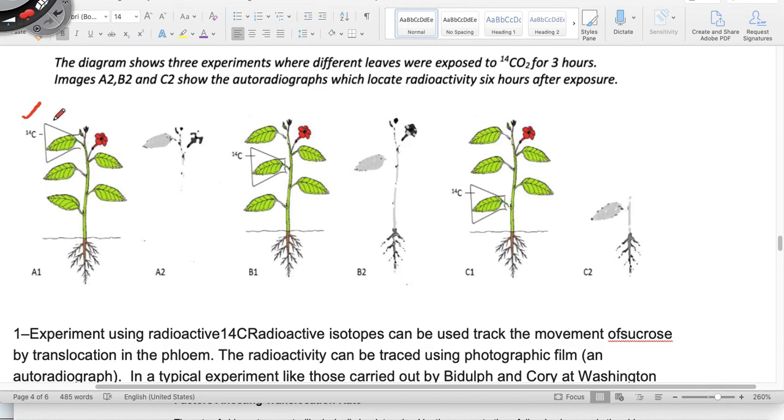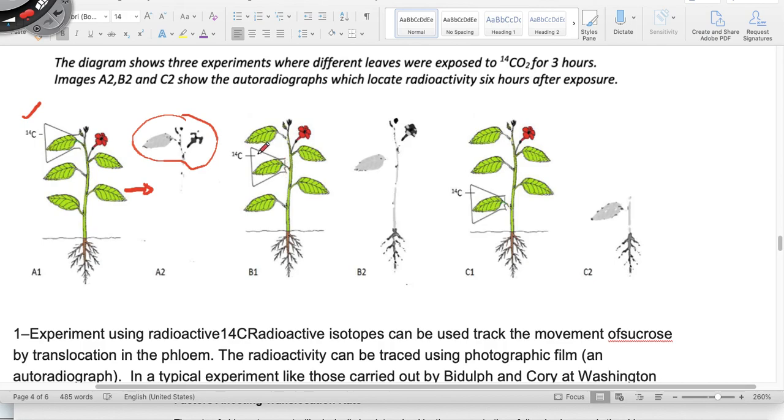So you have to enclose this leaf of this plant. And let's say you expose this one leaf for 3 hours. The autoradiograph image right here, and you can't see it very well, but 6 hours later, you see that the carbon dioxide that got converted into sugars was only able to travel to this part of the plant, right? Because the leaf was situated up here.